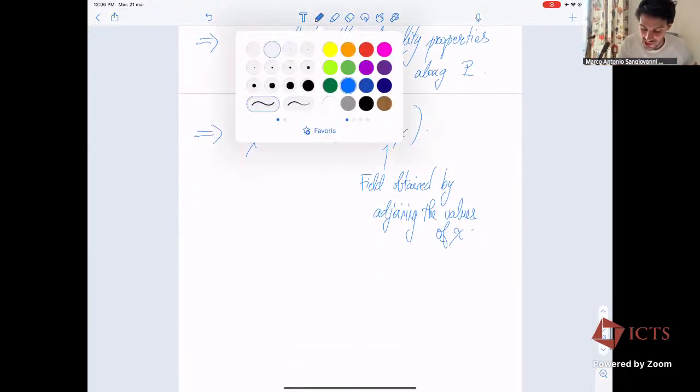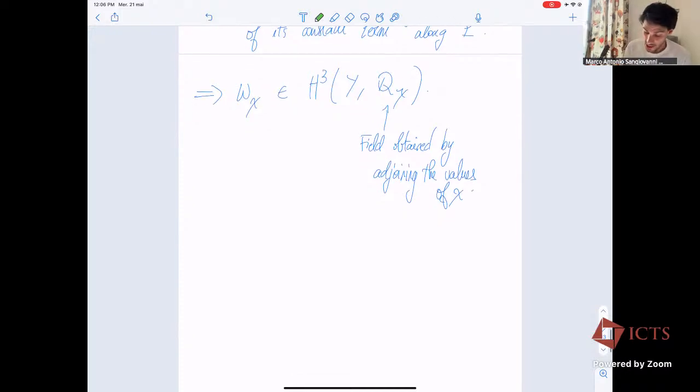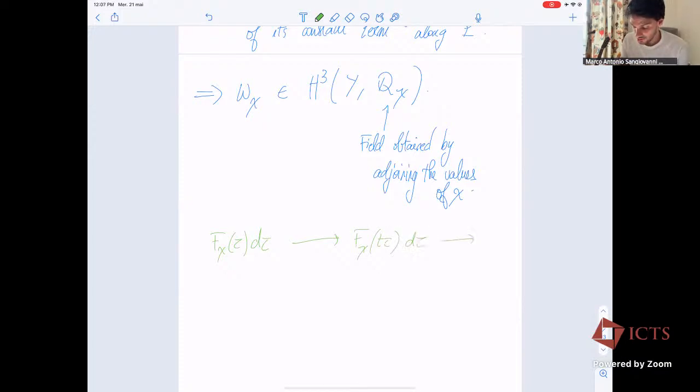So let me maybe state how this works in the GL2 case by referencing Chris's talk. So we had our differential f of chi tau d tau, but when you go to the boundary, you have f of chi t tau d tau, where t is a real parameter, and the absolute value of t goes to plus infinity.